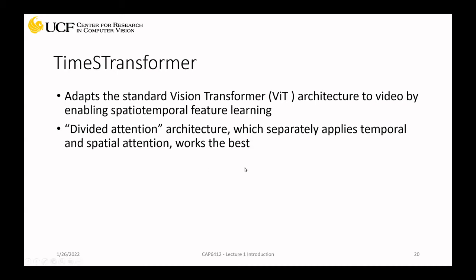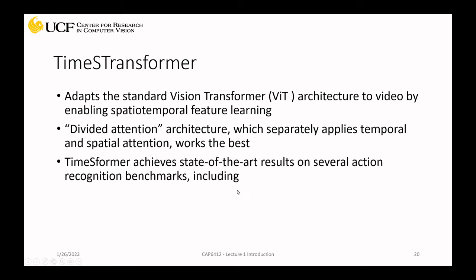These guys explored several ways to do it, and they came up with what is called divided attention, which works pretty well. It applies the attention separately, temporal and separately spatial.